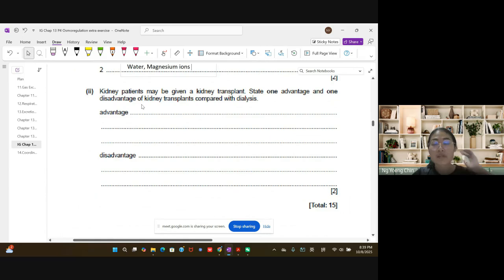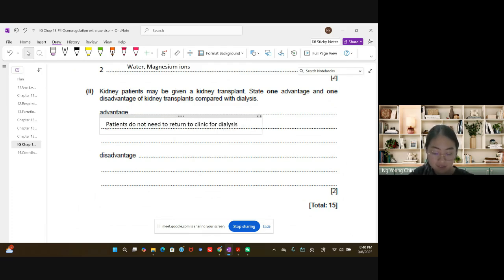Advantage and disadvantage of kidney transplant compared with dialysis. The advantage: if you are able to get a new kidney, it's much better than having to visit the hospital every week for kidney dialysis. So the advantage is that patients do not need to return to the hospital for dialysis.